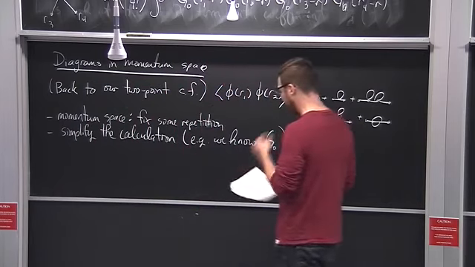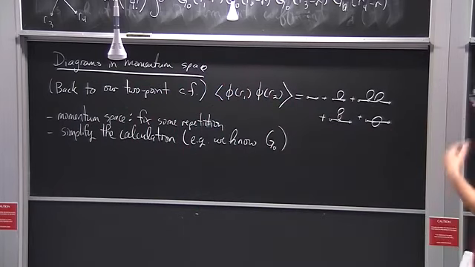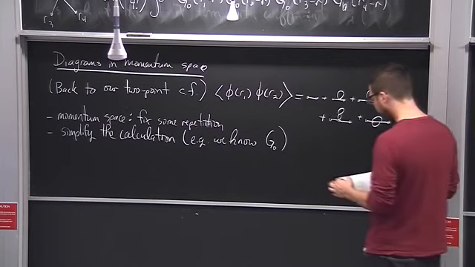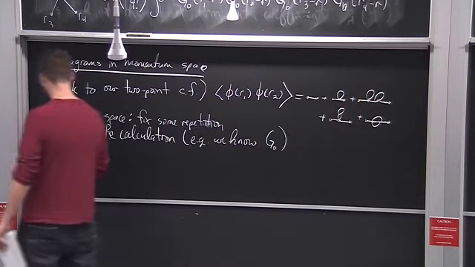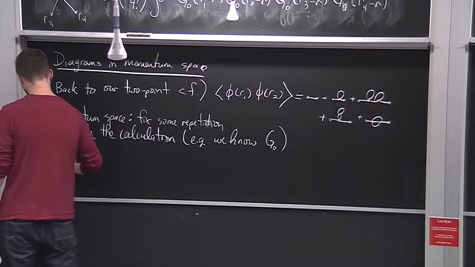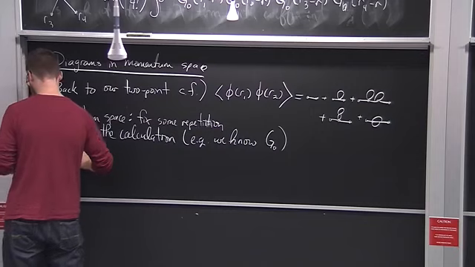For example, we know the Gaussian 2-point correlation function in momentum space. Let's just look at that one first. Just remember what we're calculating.